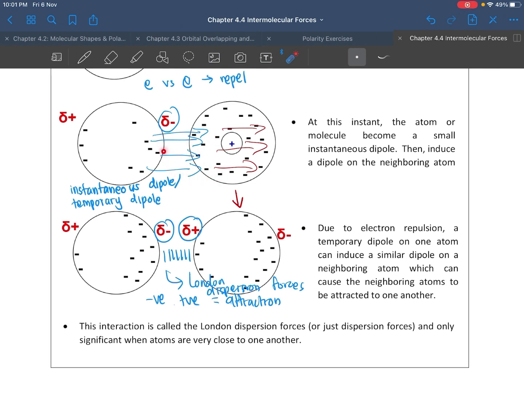Okay, so repulsion tu berlaku bila elektron-elektron tu dekat-dekat, so they will repel each other, and one side akan jadi kaya elektron, one side kurang elektron. So, partially negative, partially positive will attract. And this one, dia akan keep on berlaku sebab dalam tu kan ada molekul banyak. Okay, ada molekul lagi, ada molekul lagi. So, benda tu akan berterusan. Okay, so berlakulah London dispersion forces.